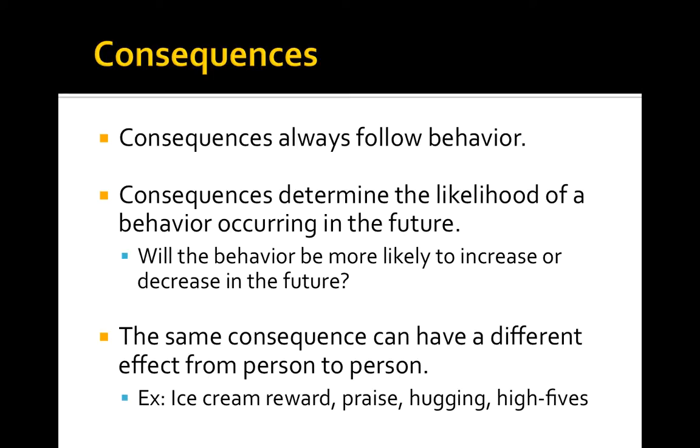Consequences always follow a behavior, and consequences determine the likelihood of a behavior occurring again in the future. So they tell us if it's more likely that the behavior will increase or decrease. And the same consequence can have a different effect from person to person. So if we think about Jose, okay, the antecedent was a demand that I placed upon him.